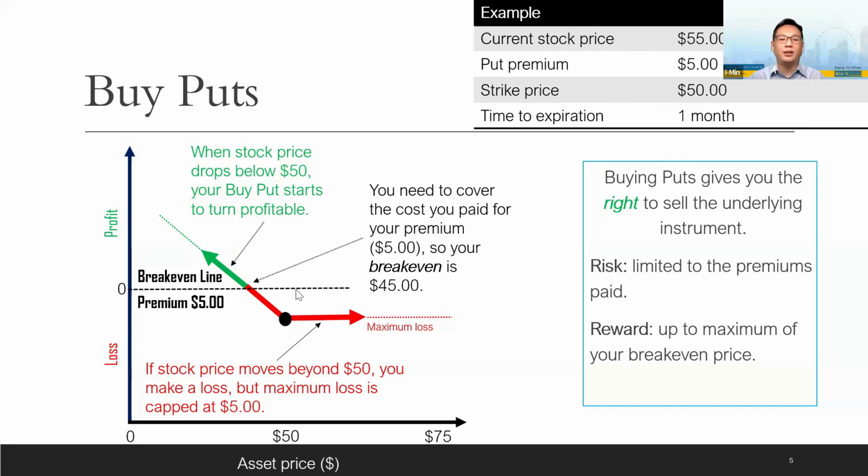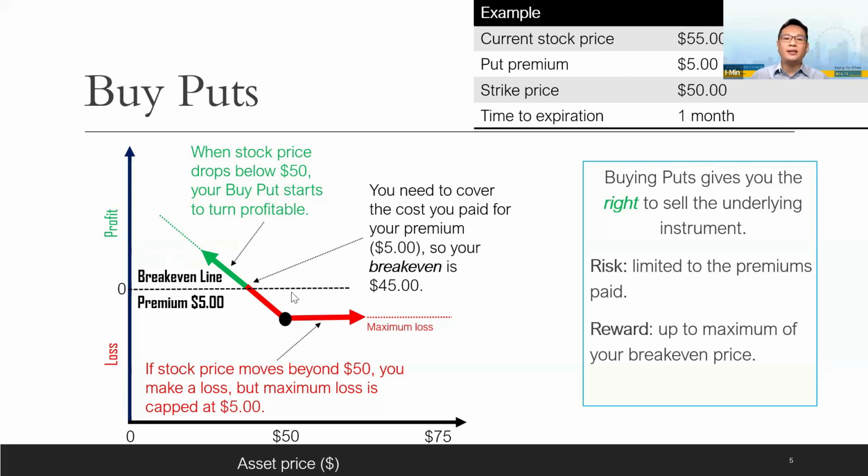So let's say the price dropped to $30. Then what's going to happen? You can actually go and buy from the market at $30 and go to the option seller and say, hello, brother, I got this contract with you. I have the right to sell to you at $50. So you buy at 30 and you sell to him at $50, you make $20.